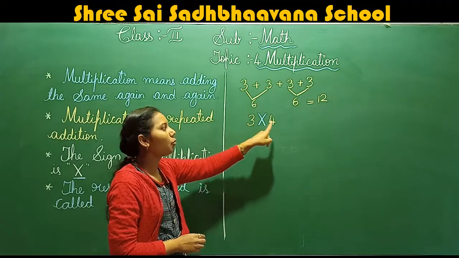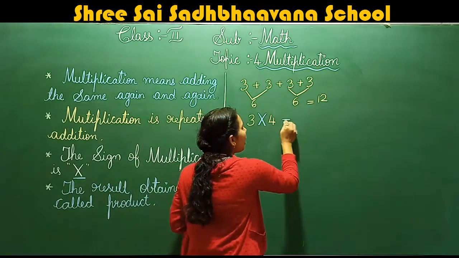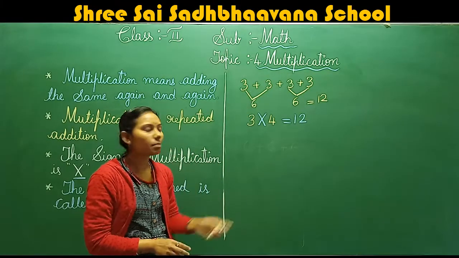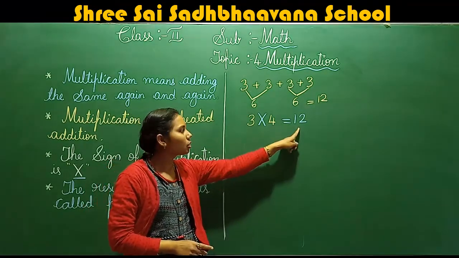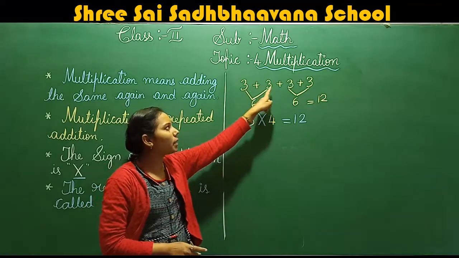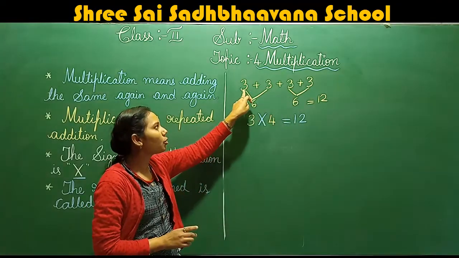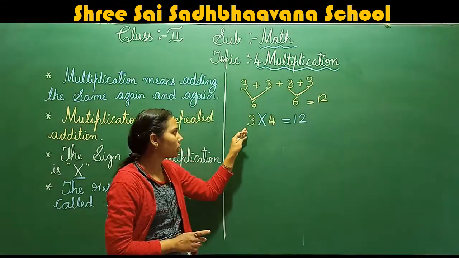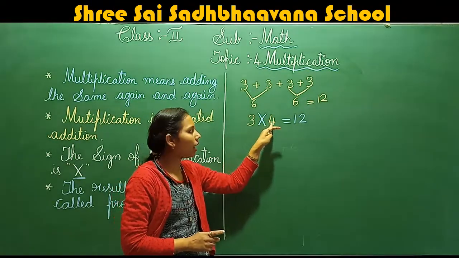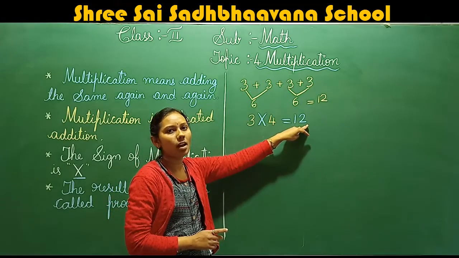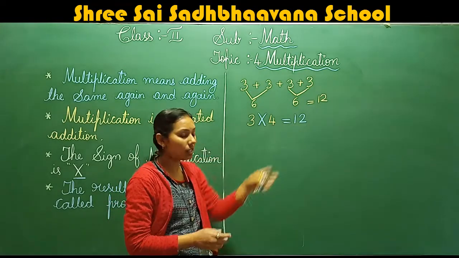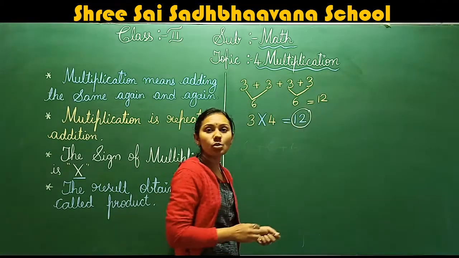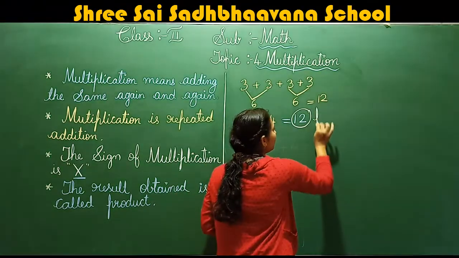So 3, 4 times, the answer is 12. Means 3 fours are 12. So 3, how many times are we going to add? 4 times. See, 1 time, 2 times, 3 times, 4 times. So 3, 4 times if we add, we'll get the answer 12. This 12 is called product.